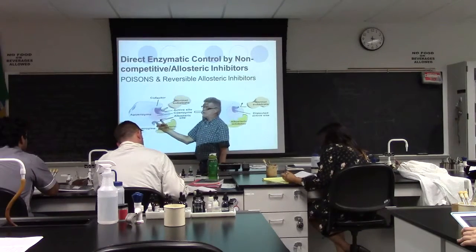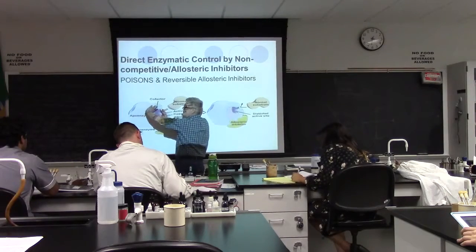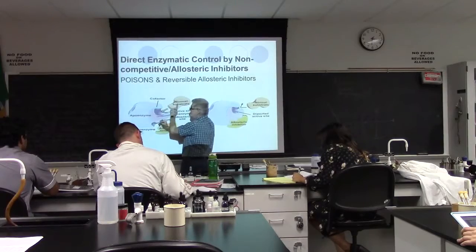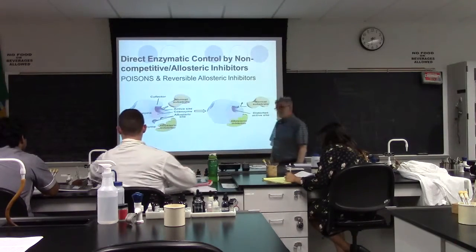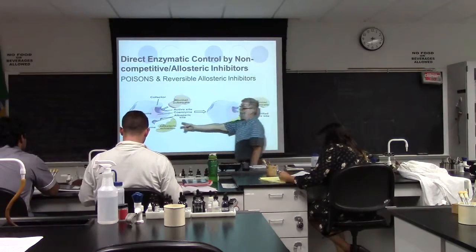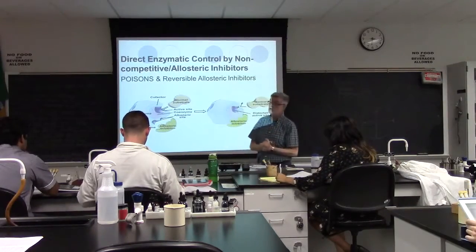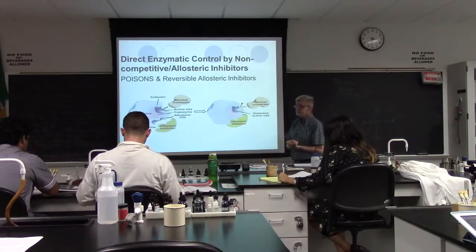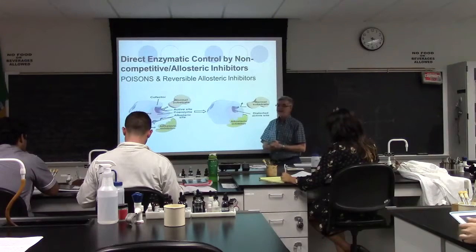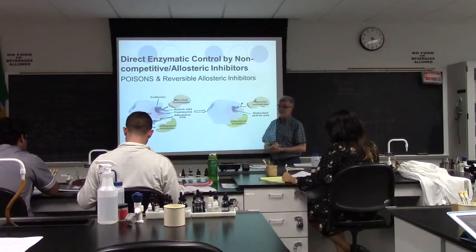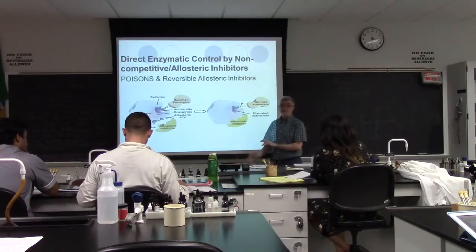Remember, when anything sticks to an allosteric site of an enzyme, it warps the catalytic site, and the substrate won't fit. So things that stick to allosteric sites are called non-competitive inhibitors or allosteric inhibitors. Remember, if they stick to an allosteric site irreversibly, they're poison. It poisons the enzyme, denaturing it forever.